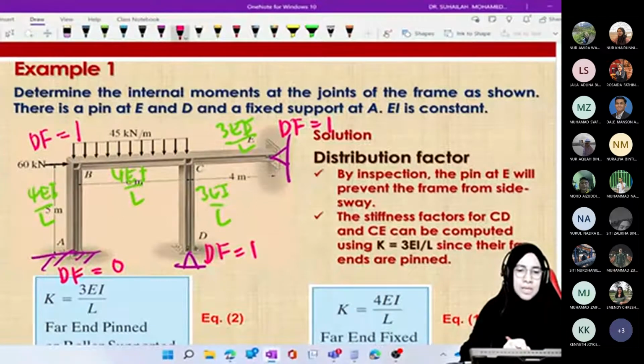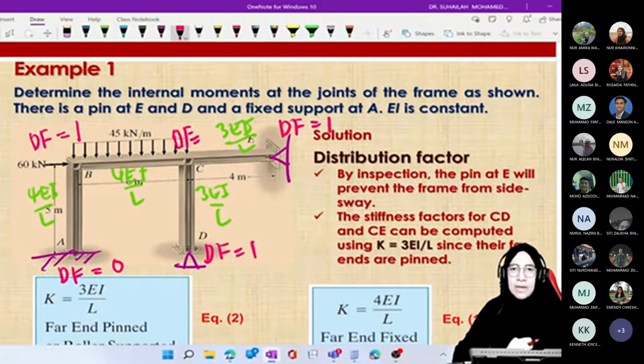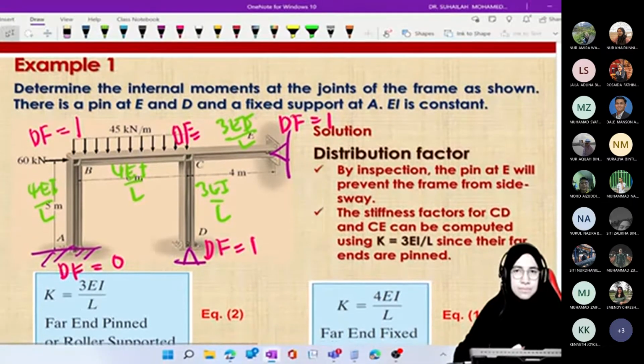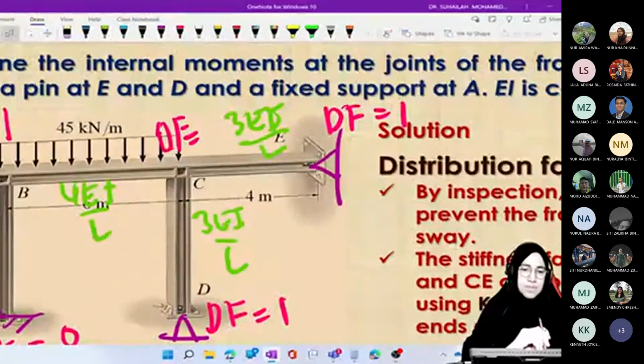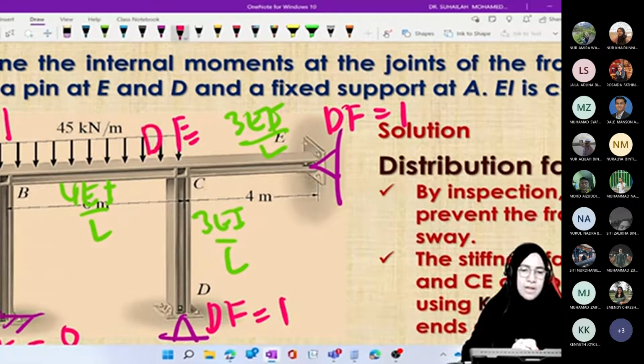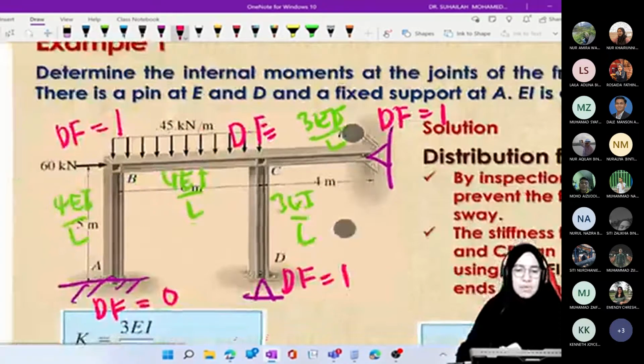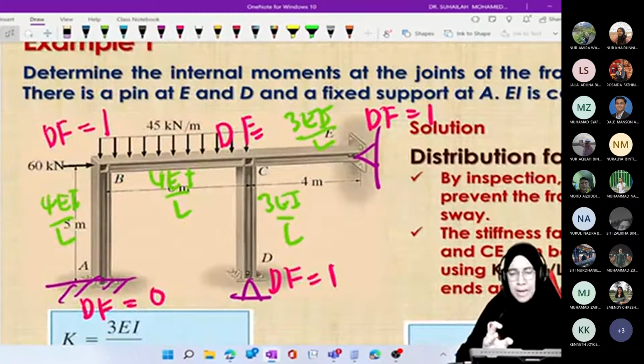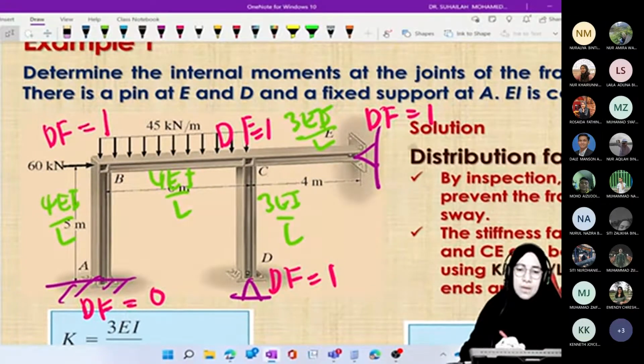What about the distribution factor at C? What should be the value? The total distribution factor at a joint must equal 1. Joint B is equal to 1. Joint C is 1 as well.